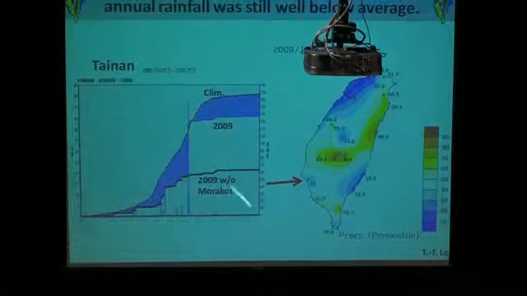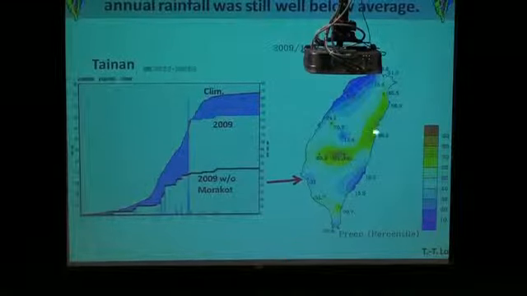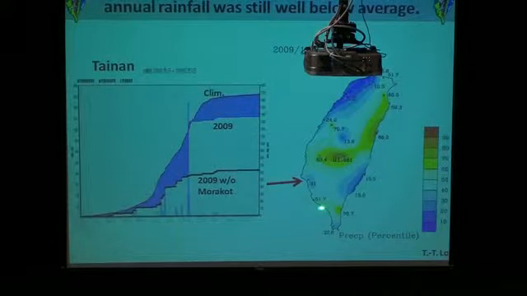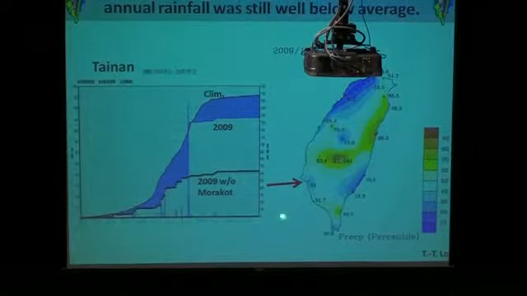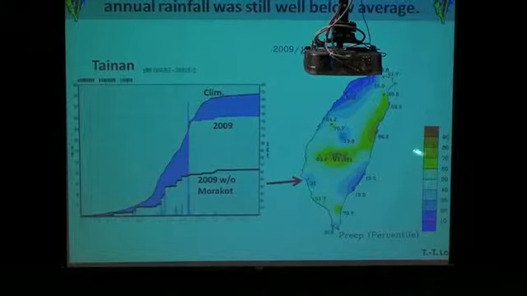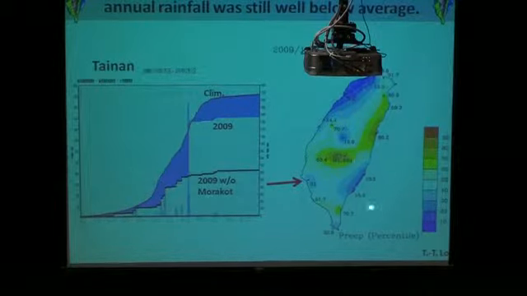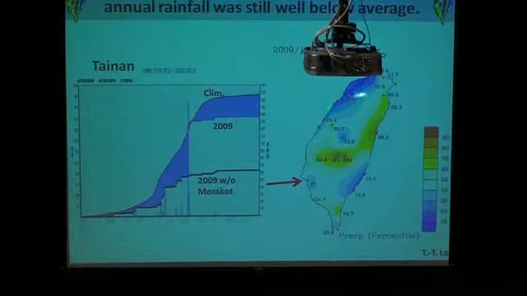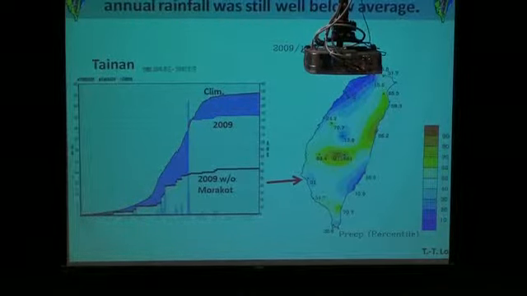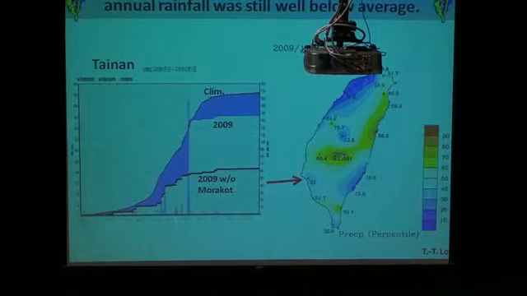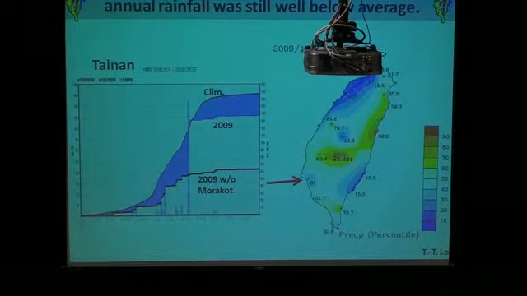This is the percentile of annual rainfall for 2009. Look at Tainan here, it was the 31st percentile. And for Danshui, the northwestern part of Taiwan, and the southeastern part of Taiwan, you got the 5th percentile. And in the eastern part, very near to Chinche's hometown, only the 50th percentile.